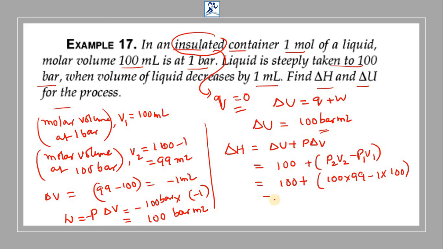So 9900 minus 100 is 9800. So it is 100 plus 9800, again you will get 9900 bar ml. So it is the answer for this question.